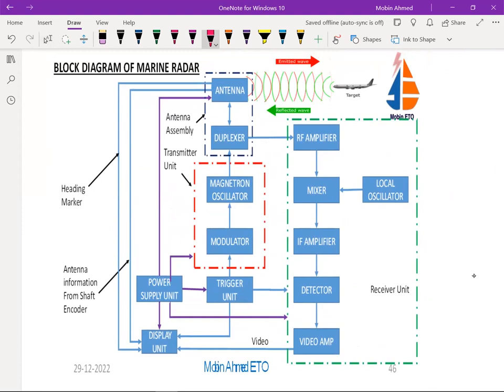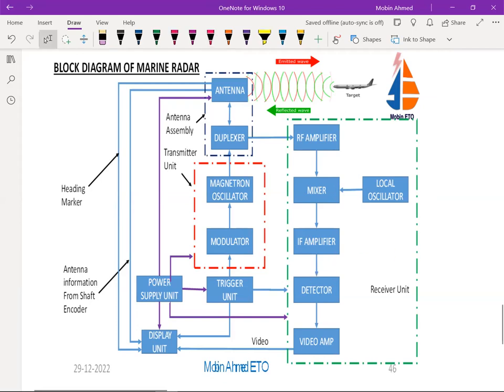So this is the transmitted pulse or waves that is going, striking the target, and again it is coming back. This is the emitted or transmitted wave, and this is the reflected wave. Now all this synchronizing is done by the trigger unit. This trigger unit is also known as a synchronizing unit. Remember this one?